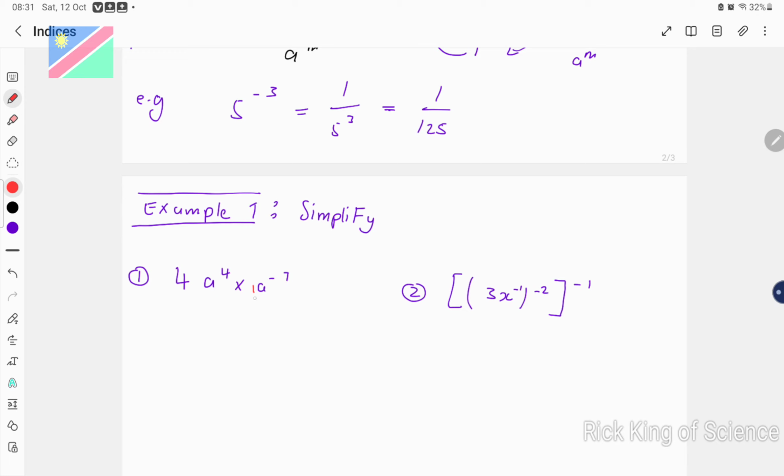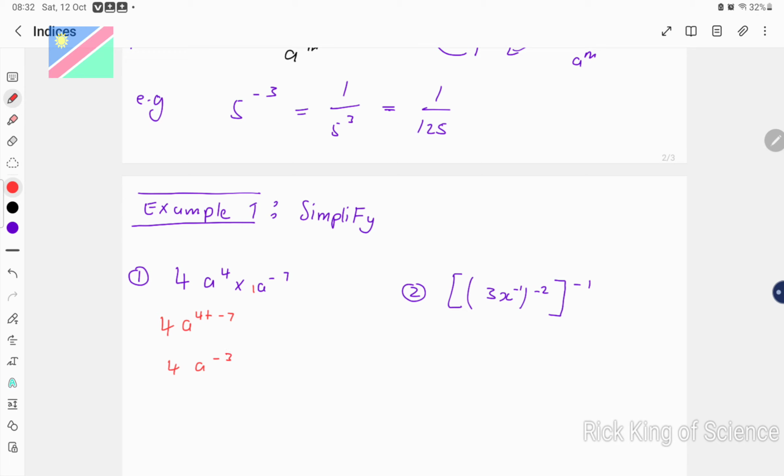So you pay attention to the coefficient. There's an invisible 1 there. So we're going to say 4 times 1 gives you only 4. Then you come to a power 4, take only one base, minus. You can also say plus, because times must become a plus, right? So plus minus 7, which is just going to be 4a power negative 3.